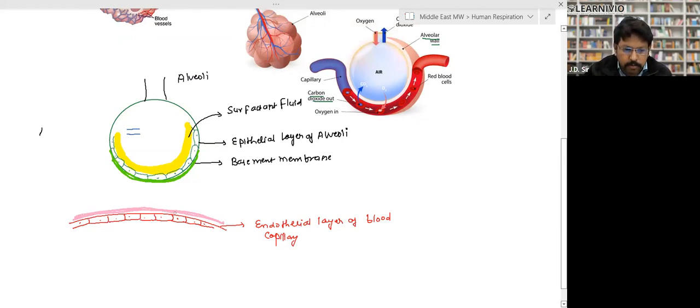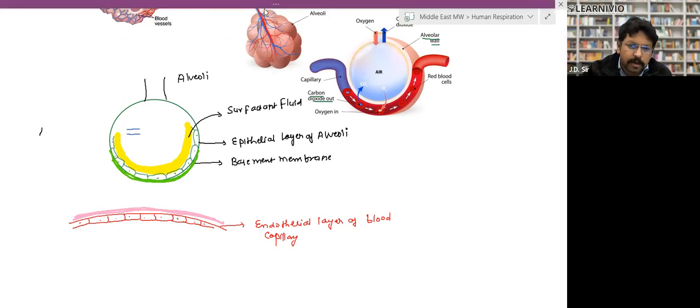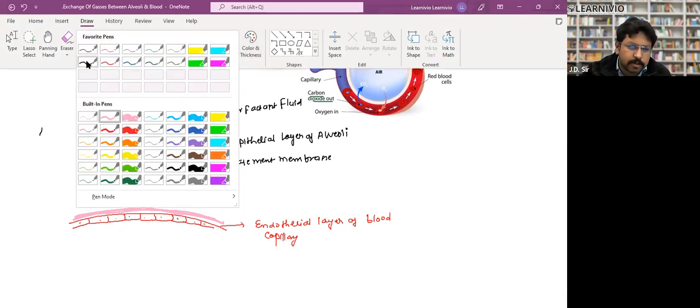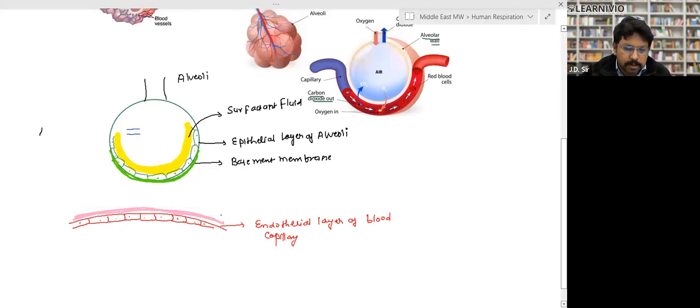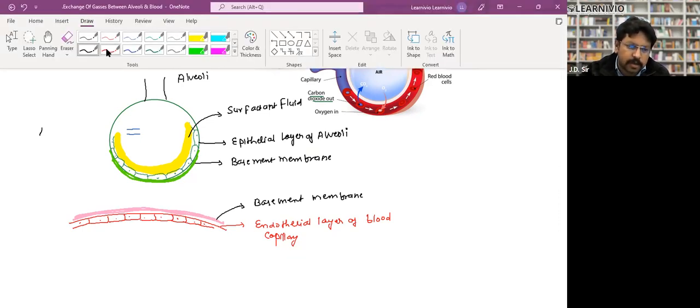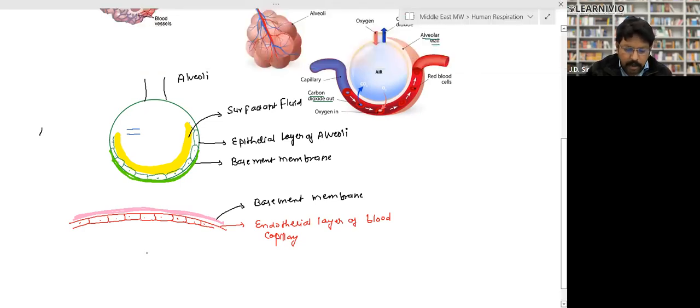So here was the basement membrane of the alveoli, and this is the basement membrane of the blood capillary. As we know, inside the blood capillary there are some structures, and these structures are actually RBCs. So this is the RBC.